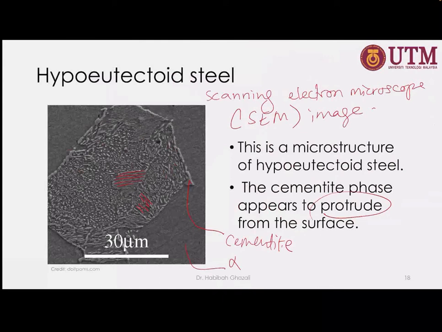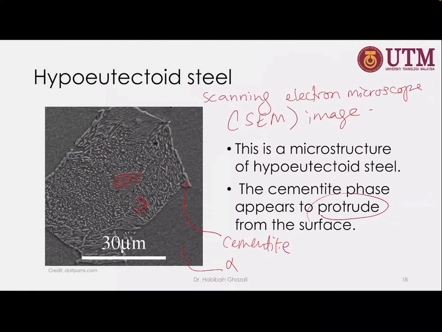Because during sample preparation, they have a different behavior during the grinding process, or whatever process you conducted when preparing the sample. One is soft, one is hard. So that's the reason they appear differently in the microstructure under the scanning electron microscope.